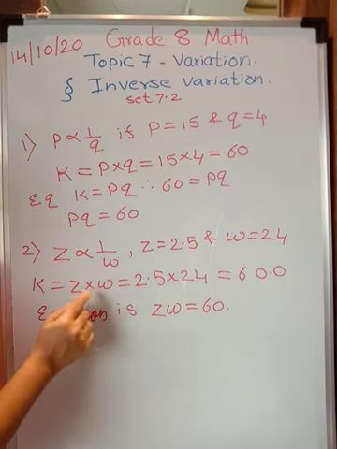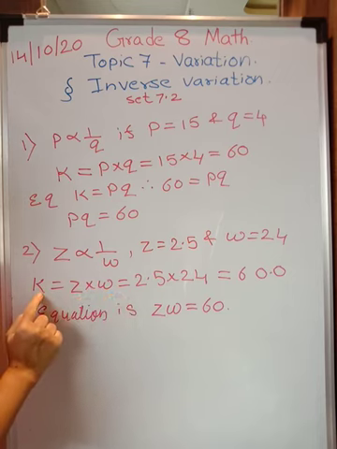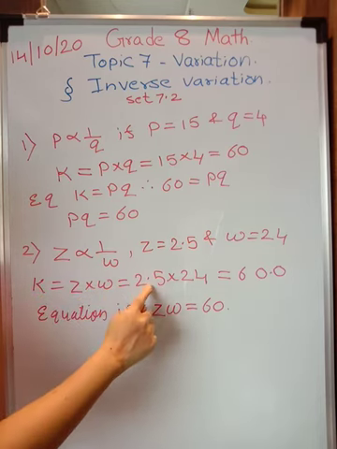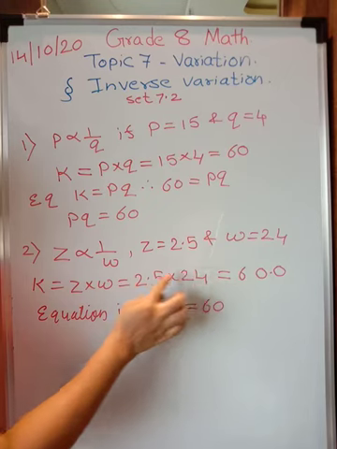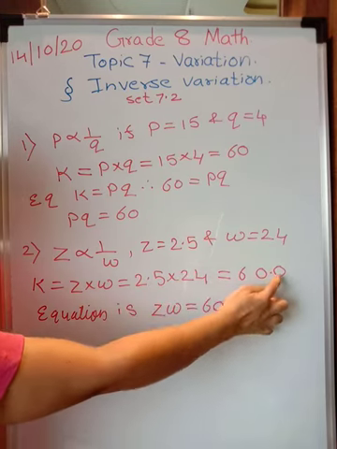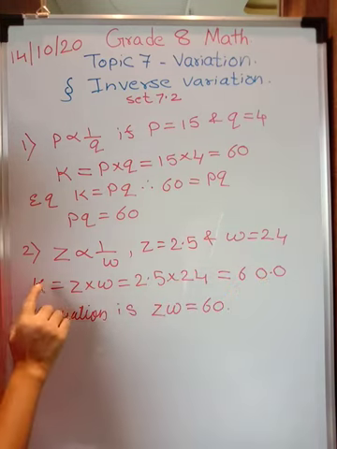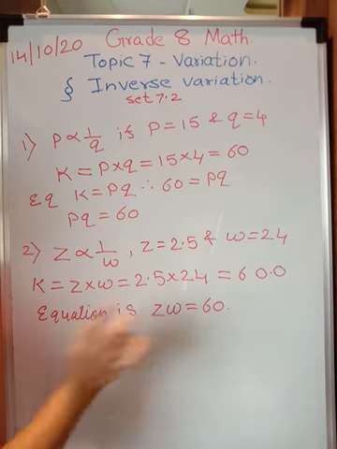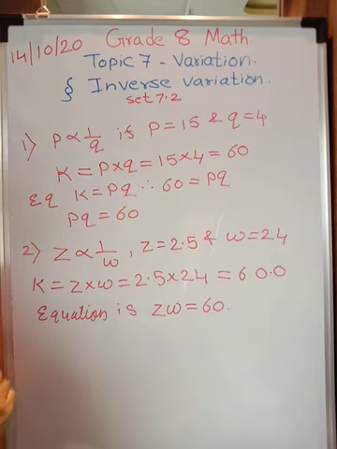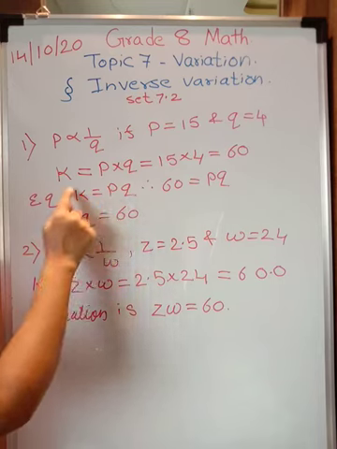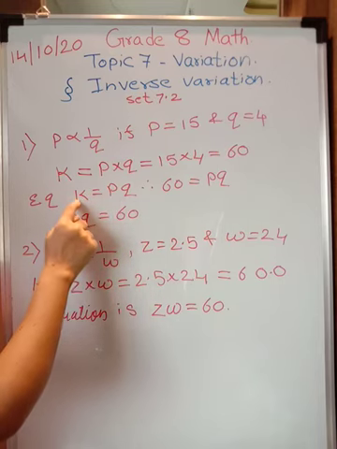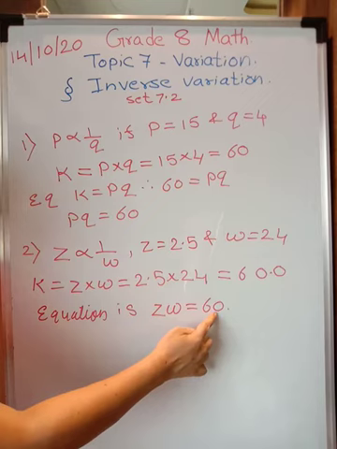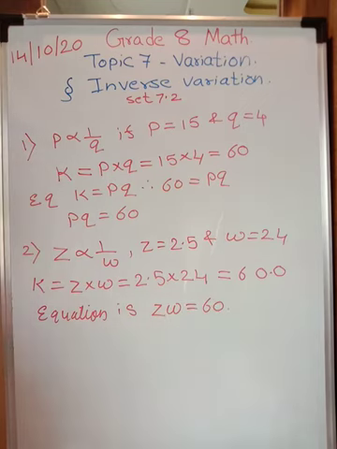So if it is inverse proportion, product is constant. So what will be K? Z into W. 2.5 into 24 is 600. After one number point will come. So after one number point, so 60. So what is value of K? 60. And what is equation? ZW is equal to 60. Because equation is K is equal to PQ. This is equation. So just substitute the value of K. Here also ZW is equal to K. Substitute the value of K, you get equation.